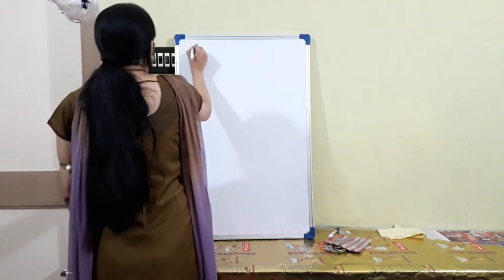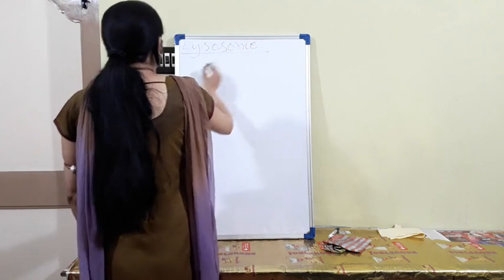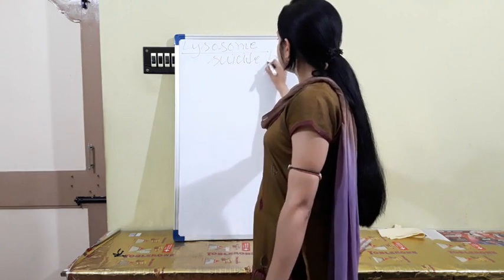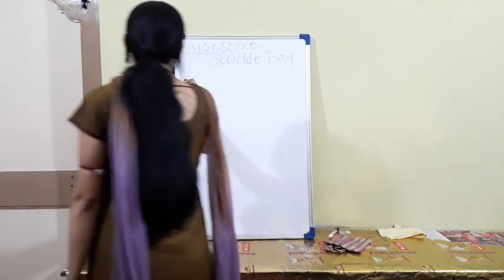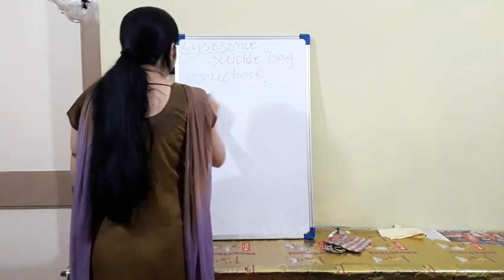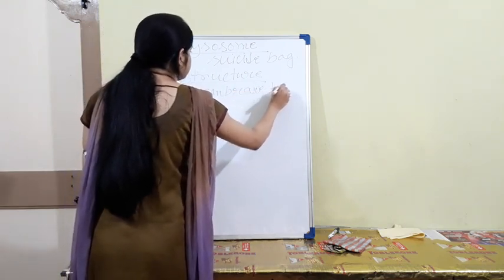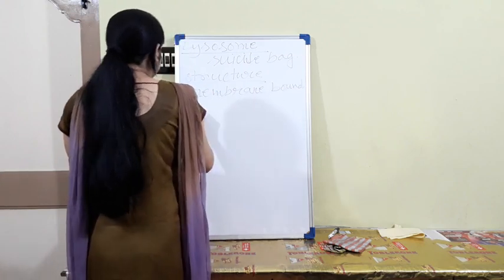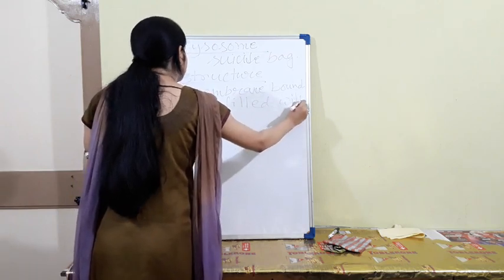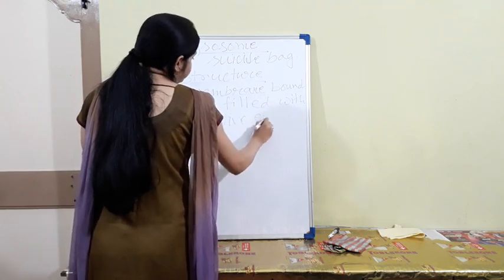Next, lysosome. Another cell organelle, that is lysosome. It is called the suicide bag of the cell. So first, lysosome structure: membrane bound sac filled with digestive enzymes.